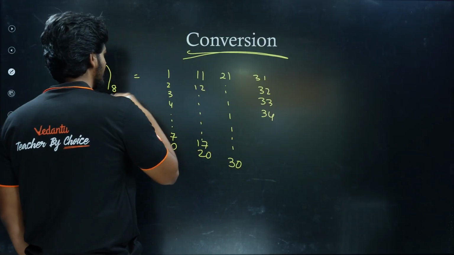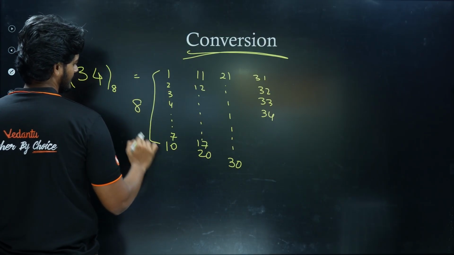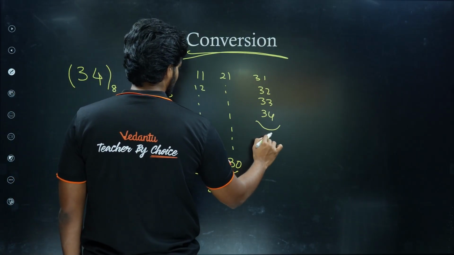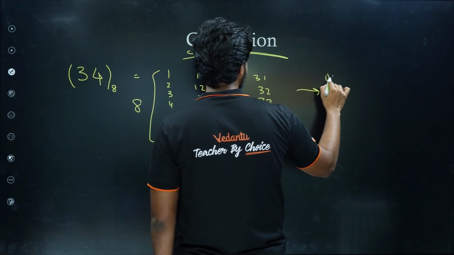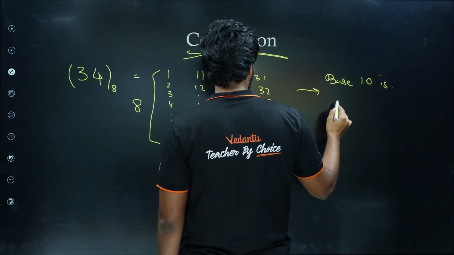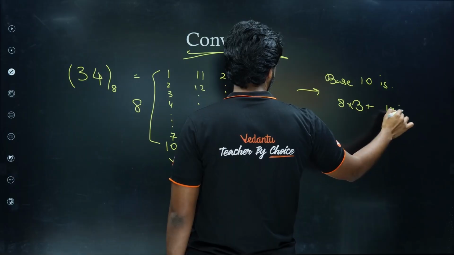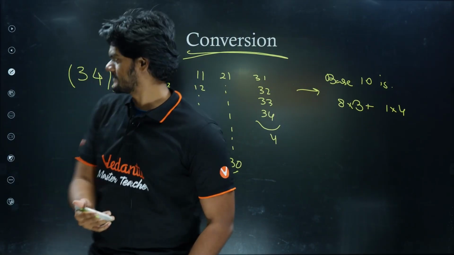So since they have it like this, this is 8. How many 8s are there? 8 into 3 is there, and then there is 4. So the count in base 10 is 8 into 3 plus 1 into 4, right? That's how we do this.